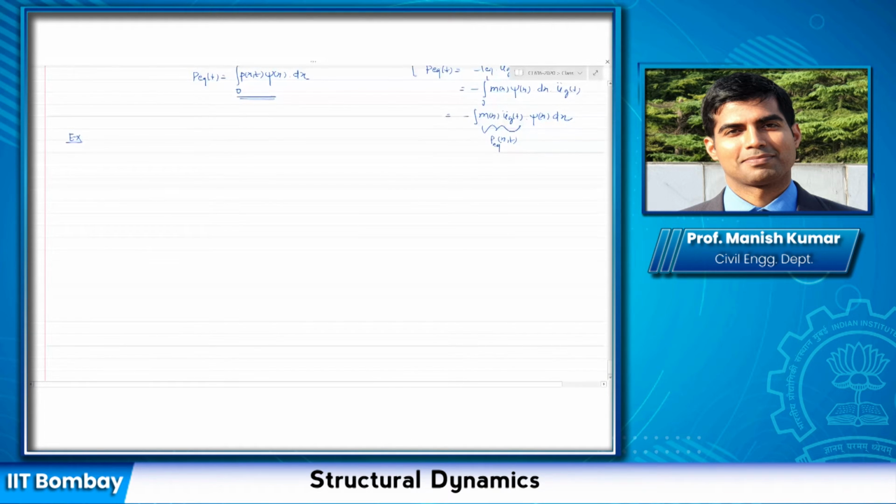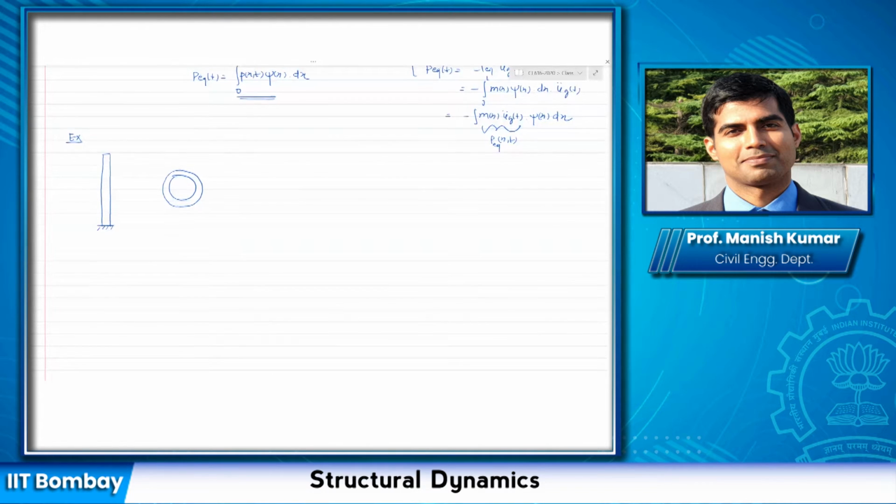So basically I have a chimney here, which is clamped at the bottom and free at the top. The section of this chimney is like a hollow cylinder, so this chimney can be approximated as a cantilever beam.